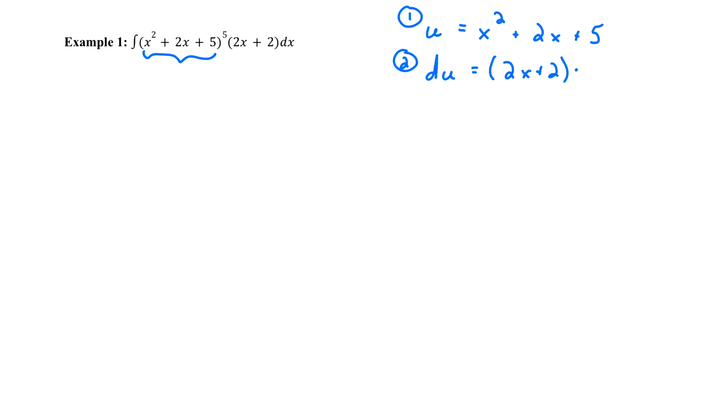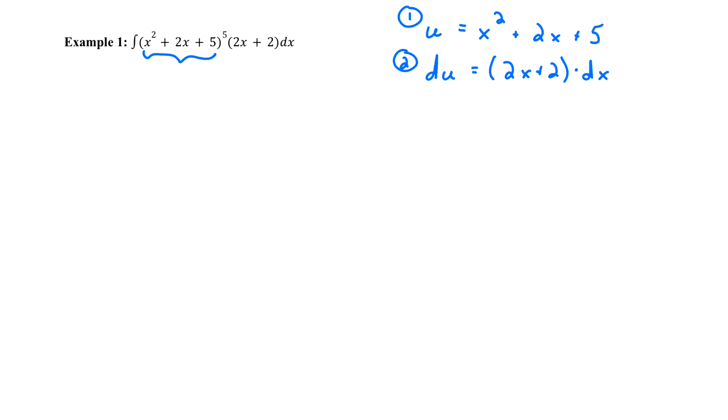Then I multiply that derivative by dx, because I'm going to take this integral, originally written in terms of x, and rewrite it in terms of u. That means changing all of my variables, including this dx.